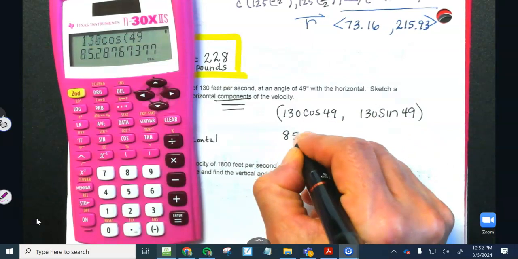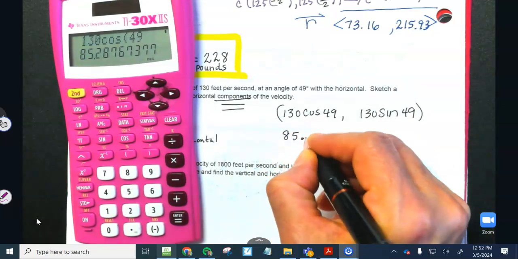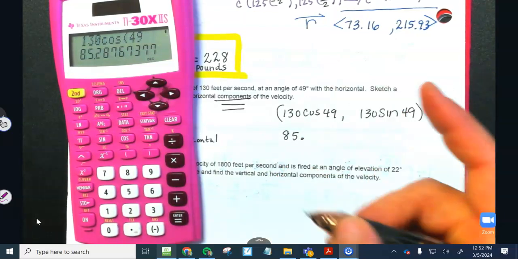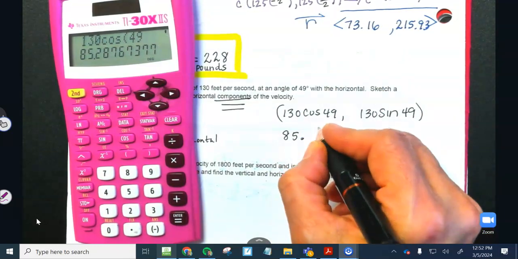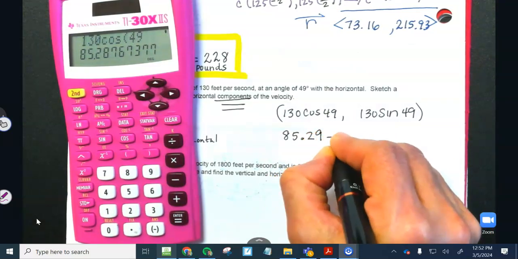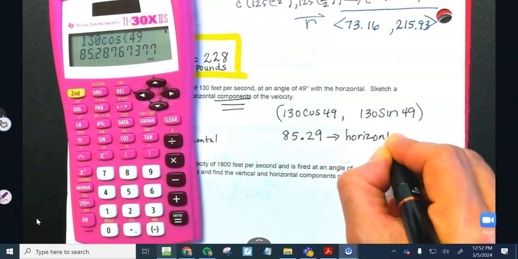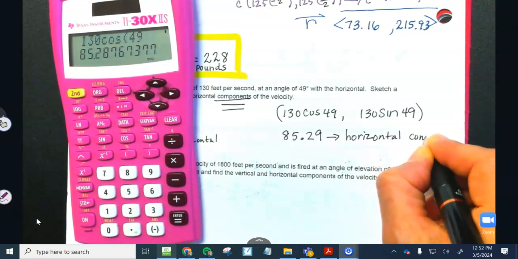Now look, when it asks you to identify the components, you guys can't just write this in component form. You actually have to identify, so be careful on word problems. So we're going to have to label the horizontal component.